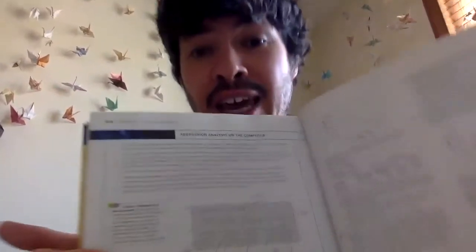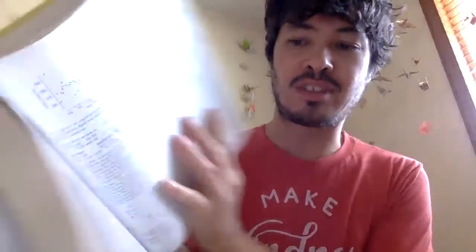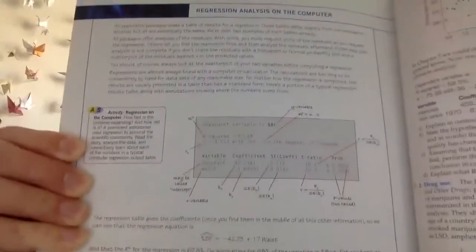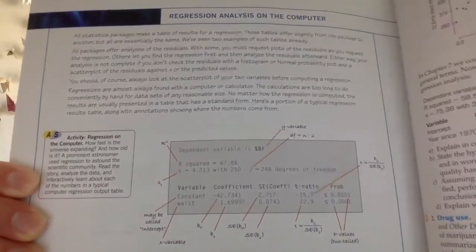A good place to look is page 672 in your book, the end of chapter 27. It breaks down everything in a printout. In your homework, you'll get those printouts. That's what they look like.